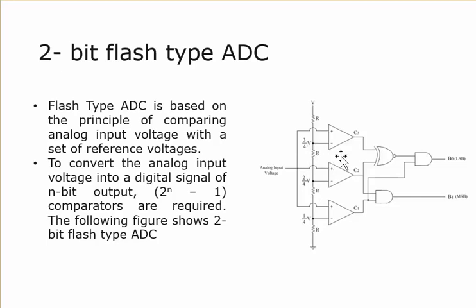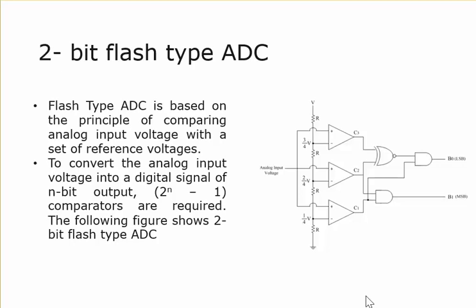The voltage is obtained, or the power supply is connected, through a potential divider network. The output of the comparator is in positive saturation when the voltage at the non-inverting terminal is more than the voltage at the inverting terminal, and it is in negative saturation otherwise.